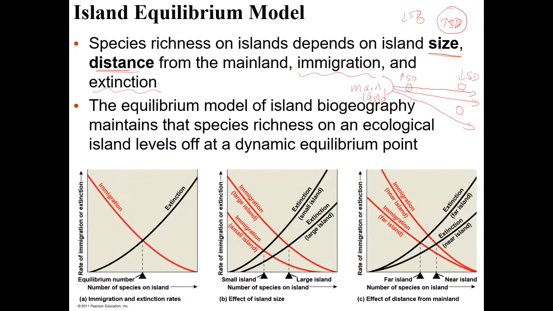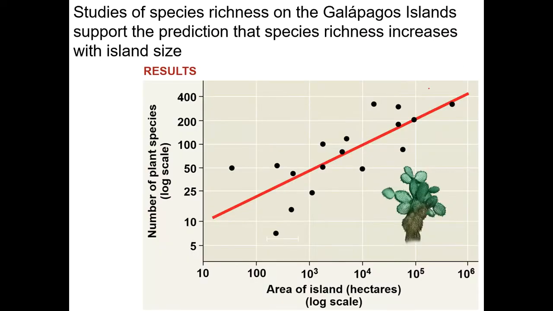So to recap for this whole thing, you would expect greater species diversity on a close island than on a distant island, and you would expect greater species diversity with a big island than with a small island. And so if you look at the Galapagos Islands, there are studies of species richness, and it actually tends to look just like our island model.